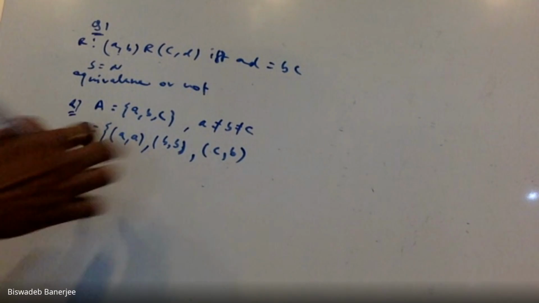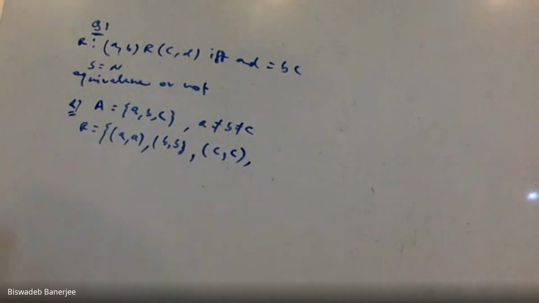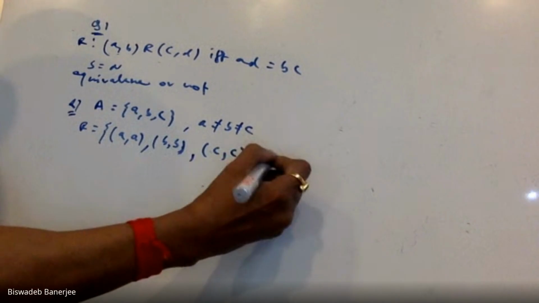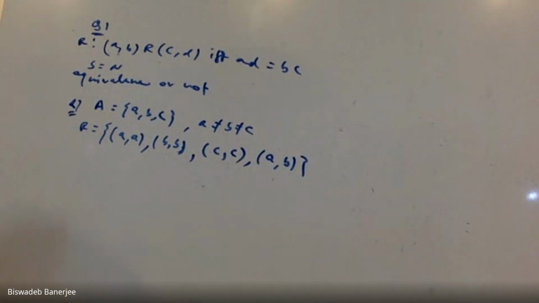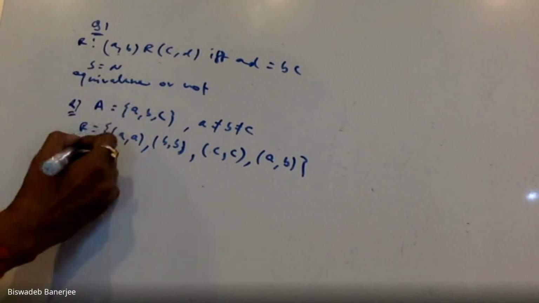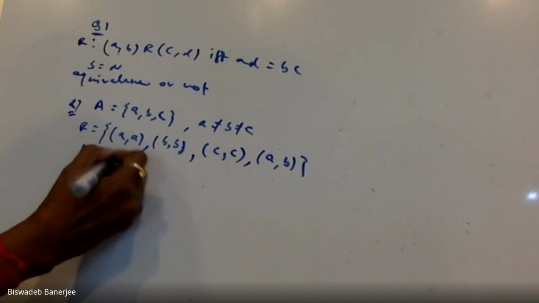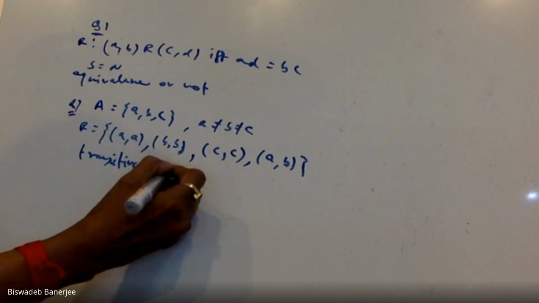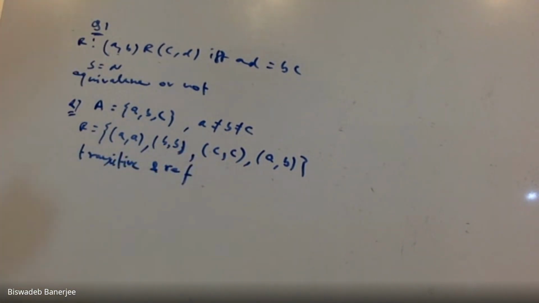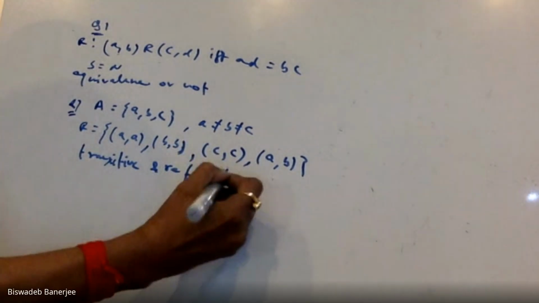Show that this relation is transitive and reflexive, but not symmetric.